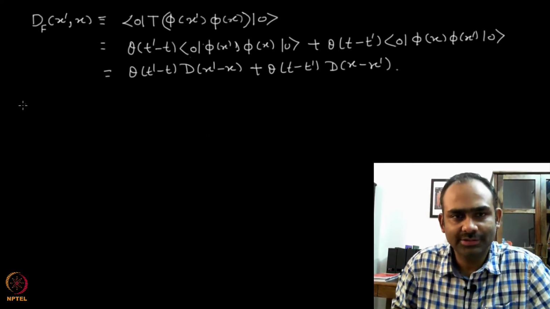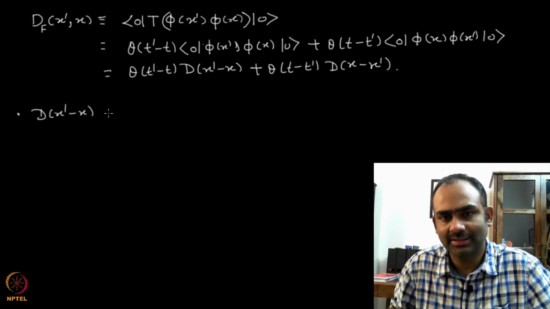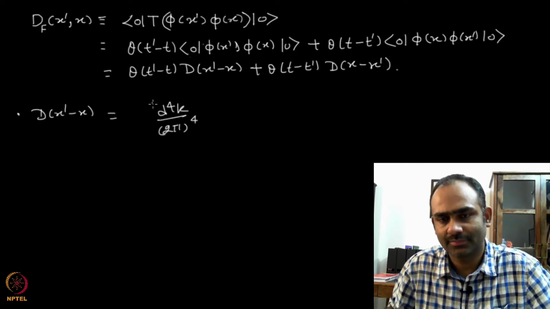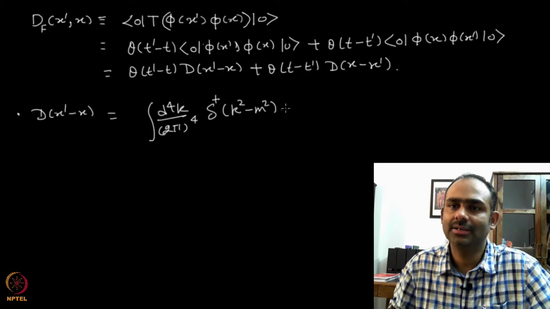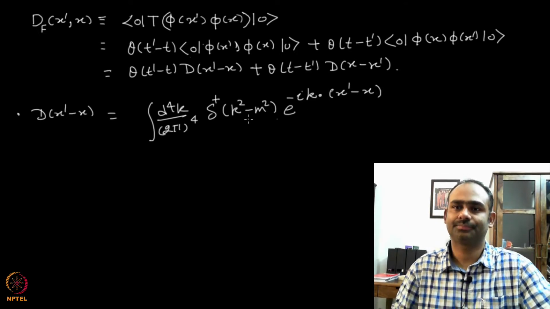Okay. Also we saw that D(x' - x) is the integral of d^4k over (2 pi)^4, and then we had a delta function, delta plus (k^2 - m^2), and then e to the minus i k dot (x' - x).